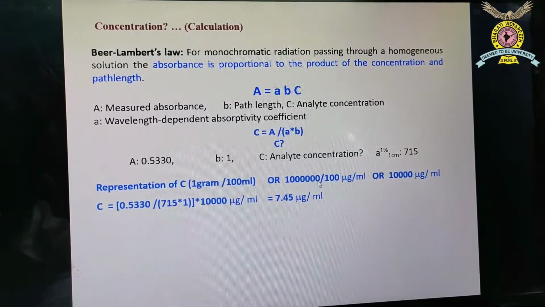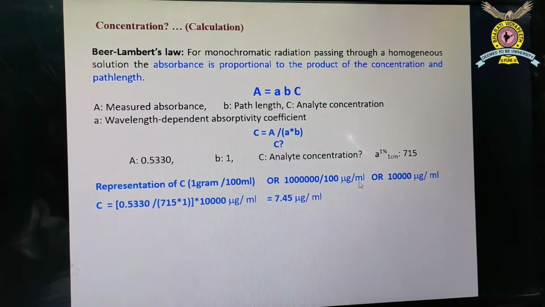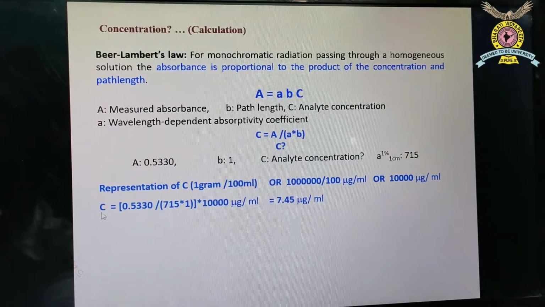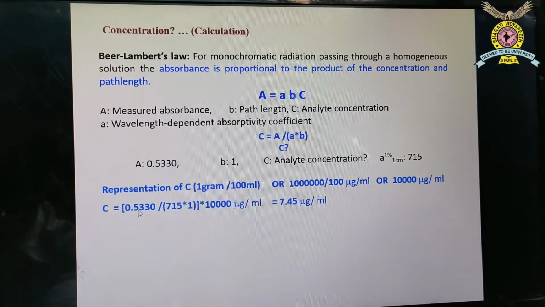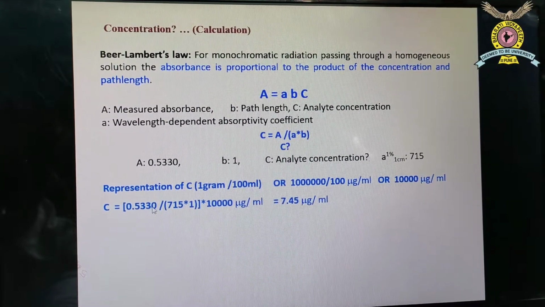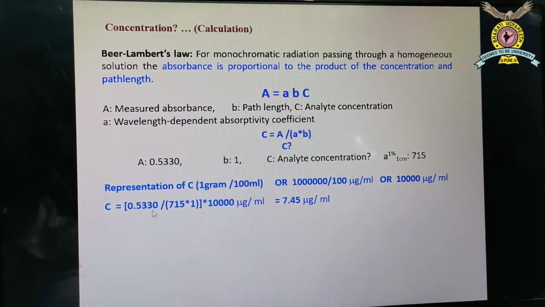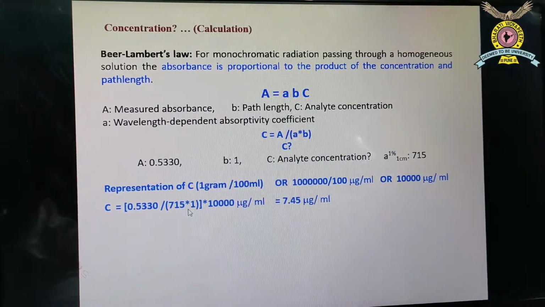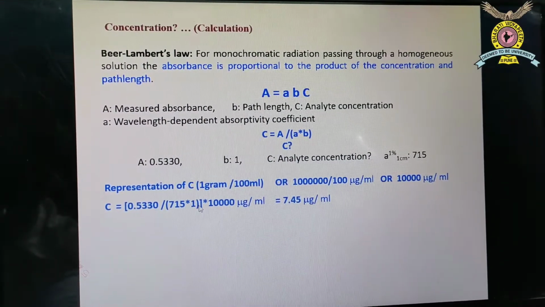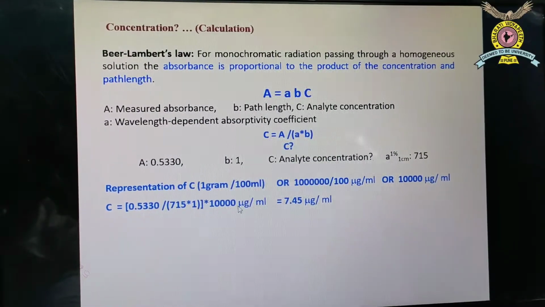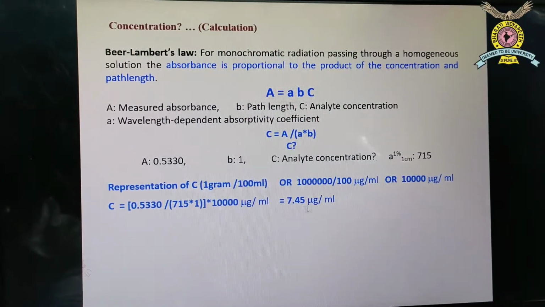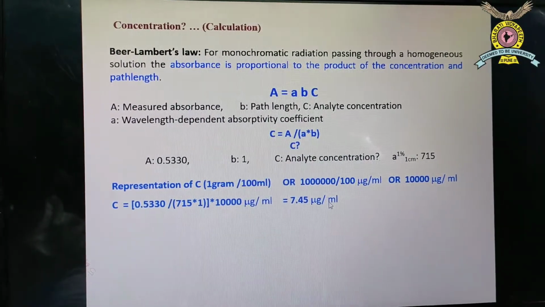So it will be 10 lakh per 100 ml or 10,000 microgram per ml. So we will multiply by this particular factor. So the concentration will be 0.5330, which we have obtained from the UV spectrophotometer, divided by 715. Path length is 1 and multiplied by 10,000. So this concentration is in microgram per ml. So we will get the value 7.45 microgram per ml.